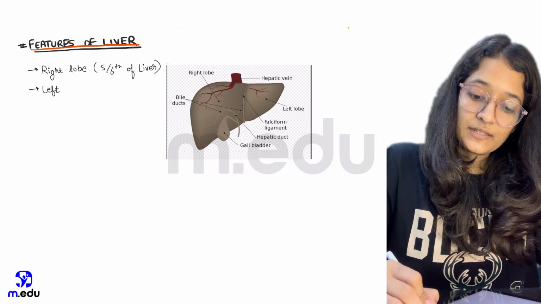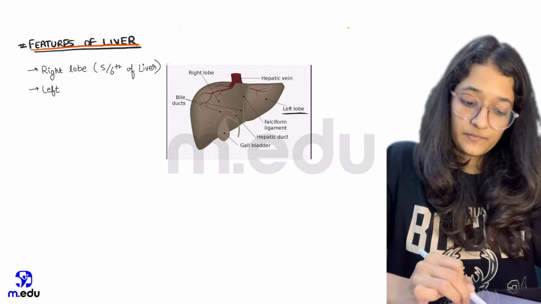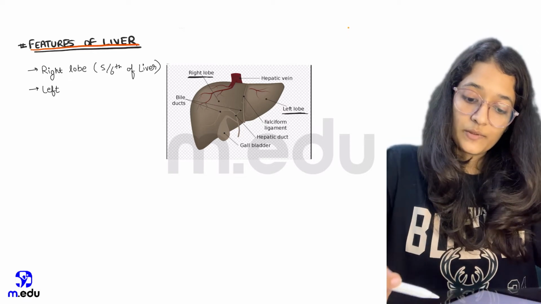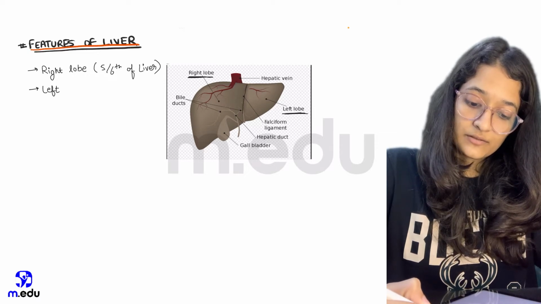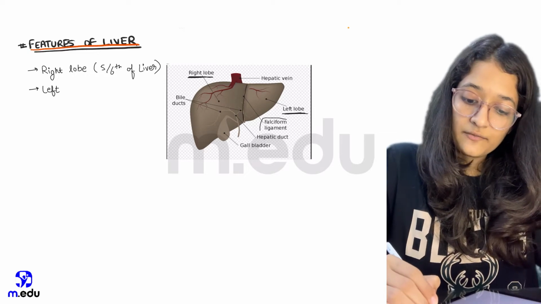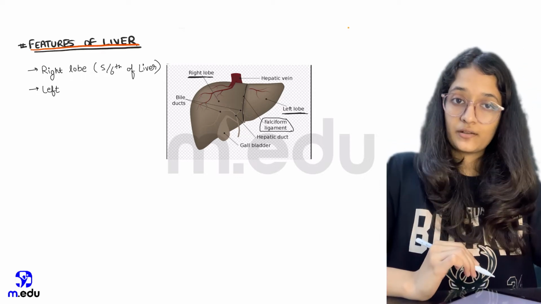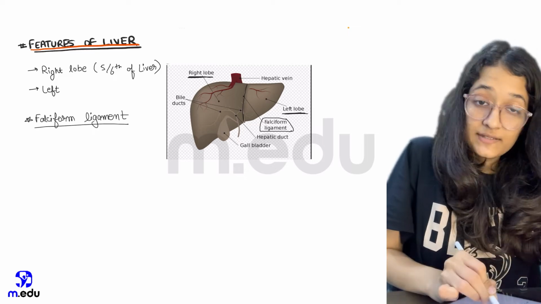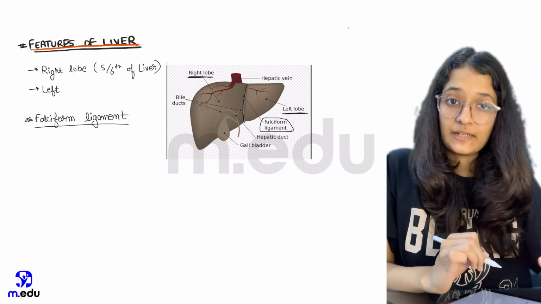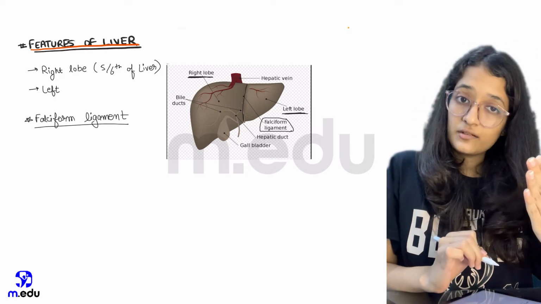So as you can see, this is the left lobe, this is the right lobe. It is separated by this ligament called the falciform ligament. So the falciform ligament separates the liver into right and left lobe anteriorly and superiorly.